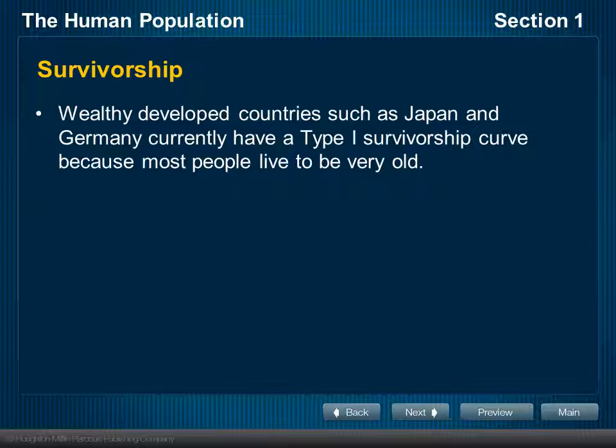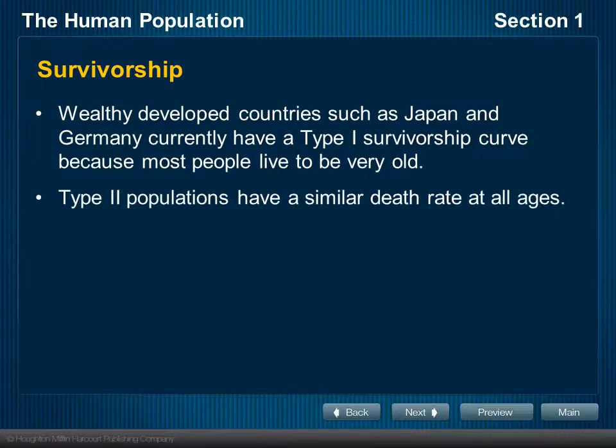In wealthy developed countries, in today's economies, Japan and Germany are going to have type 1 survivorship because most people live to be very old. You saw that line stayed close to the top for quite some time. Type 2, that diagonal line that goes straight down, shows similar death rates at all ages. So if your death rate at 0 to 4-year-olds is 20%, your death rate of 20 to 24-year-olds is 20%, and so on and so forth.